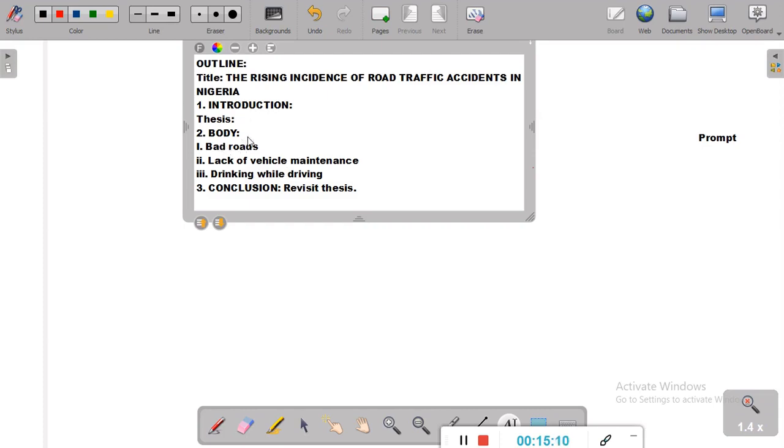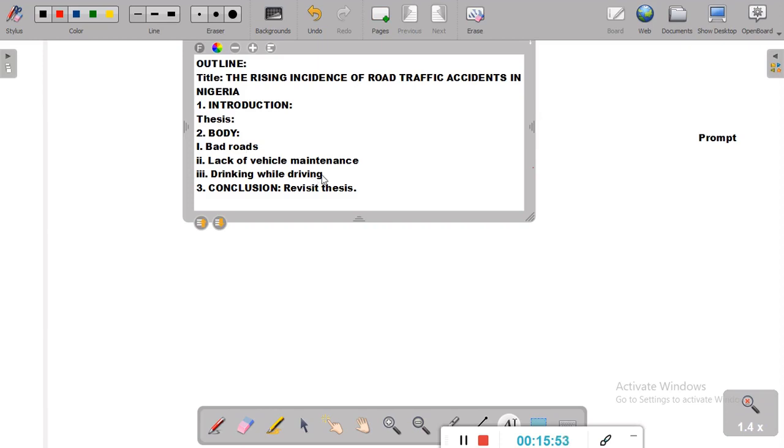When I read out the question, we are asked to discuss three major factors responsible for the rising incidence of road accidents in Nigeria. So we quickly jot down these three main points. One, bad roads. Two, lack of vehicle maintenance. And three, drinking while driving, or driving under the influence of alcohol or drugs. These three main points can be the factors responsible for the rising incidence of road traffic accidents in our country.